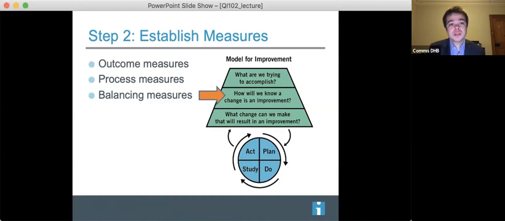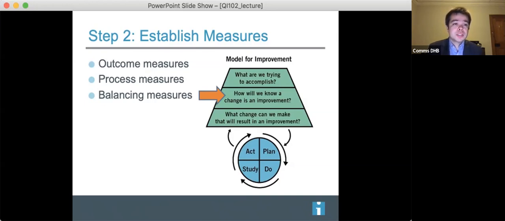Patients would be interested in, for example, how successful their surgery is going to be. If the surgery is a success or not, and we could measure that by saying, well, the hernia is gone, for example. That's a patient-centered measure.